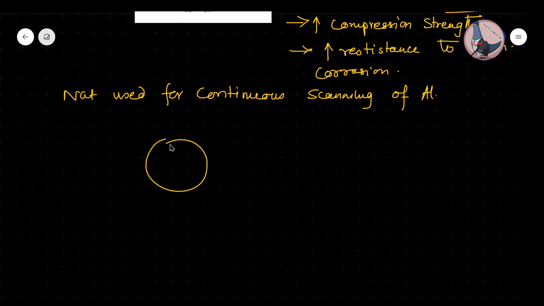When there is a ball and you are scanning aluminum, a part will stick to it. A buildup will take place during this continuous scanning. So we generally don't use it for aluminum.